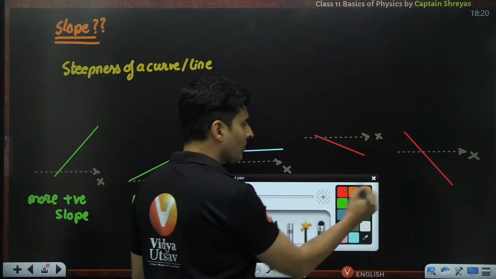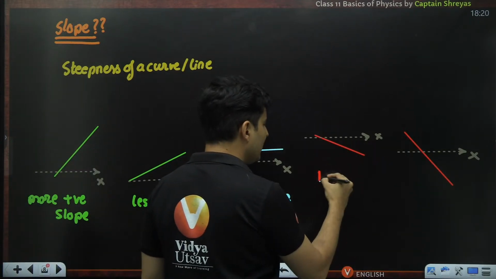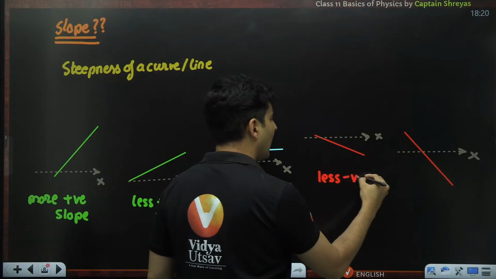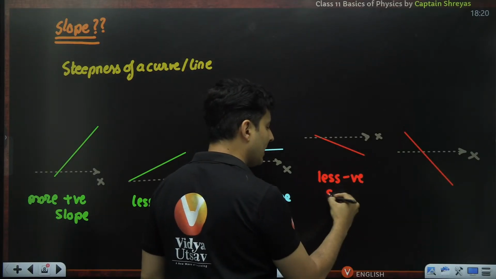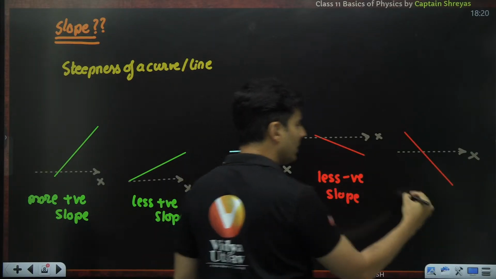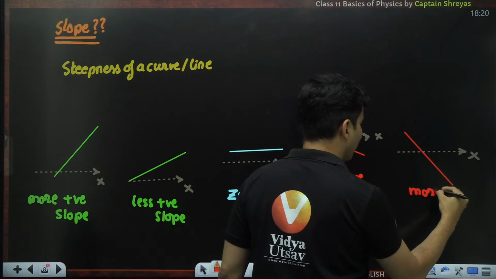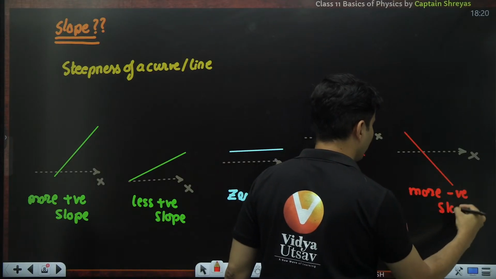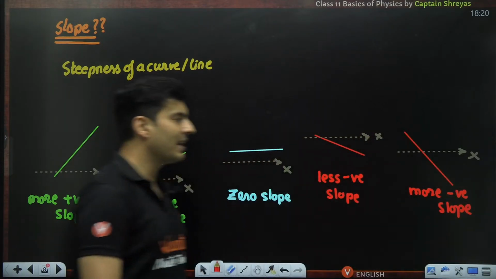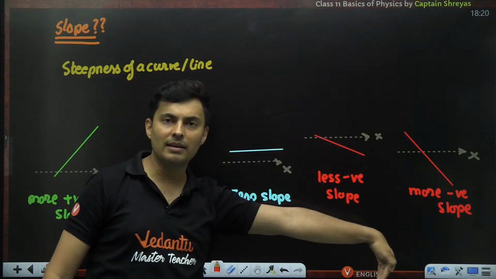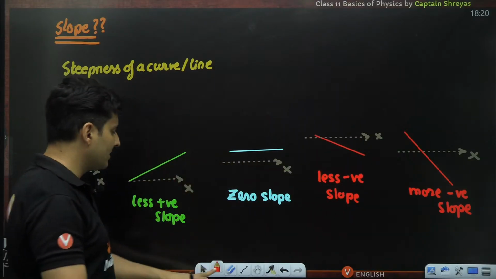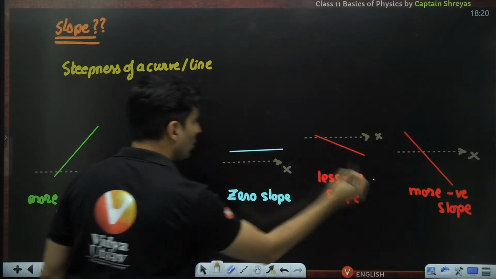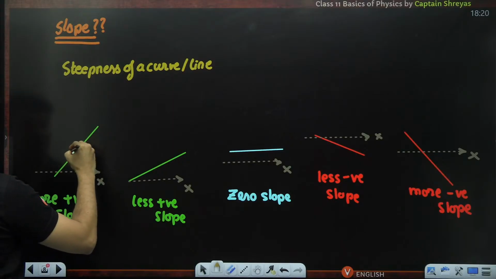This one over here is going down. So definitely it is negative, but it is not as negative as this one. So less negative slope. But this one is more negative slope, because it is going down really fast. Always imagine some imaginary object going across this. Just imagine a vehicle.